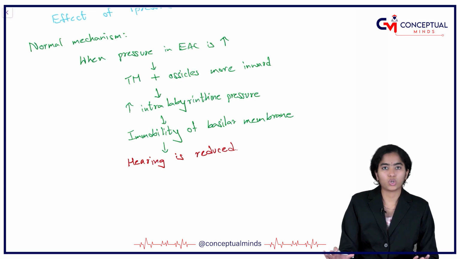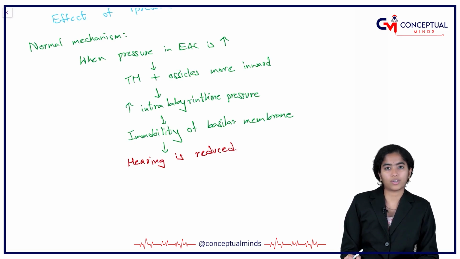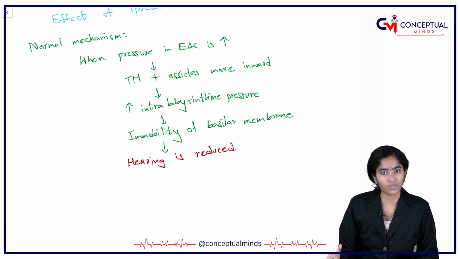This happens normally. So what we do is, we take a vibrating tuning fork and place it on the mastoid antrum of the patient. And how to increase the pressure in the external auditory canal? There is an apparatus called Siegel's speculum. With that speculum, we can alter the pressure in the external auditory canal. So with the other hand, we take a Siegel's speculum and increase the pressure in the external auditory canal.